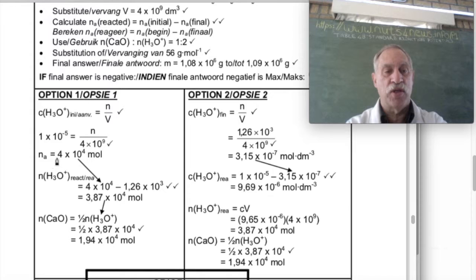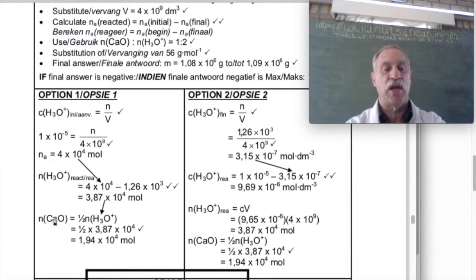If we know that the number of moles of that is that, to start with, we subtract that at the end. So we went from pH to concentration to number of moles of hydronium ions was that, minus that at the end. That is how much disappeared in the process.